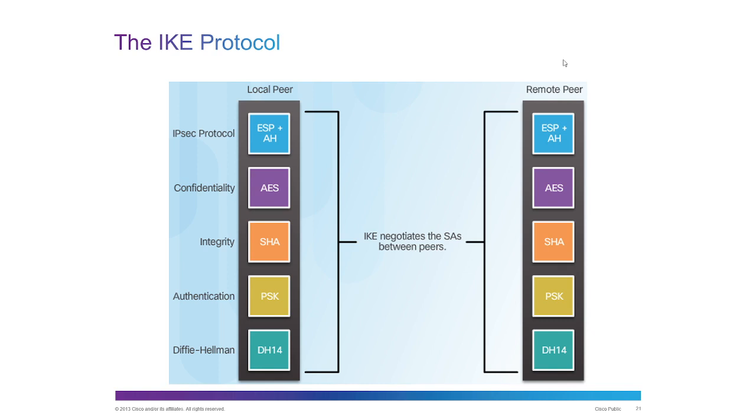Then after that, they will again go into negotiating specific IPsec policies. Negotiating those specific IPsec parameters is known as establishing security associations. That is the next step that will have to happen.